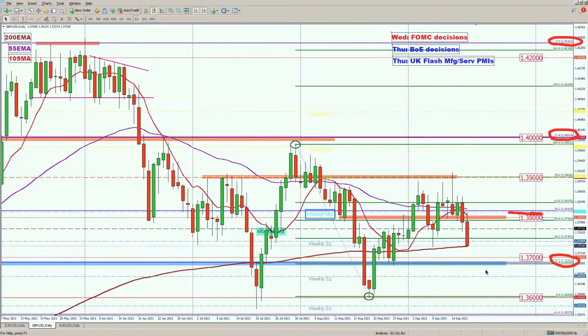Okay, and if this support breaks, there's the swing low at the 136.00 support, and below that for the longer term fib retracement, that's the 62 fib at 135.58. Okay, around 135.60. All right.